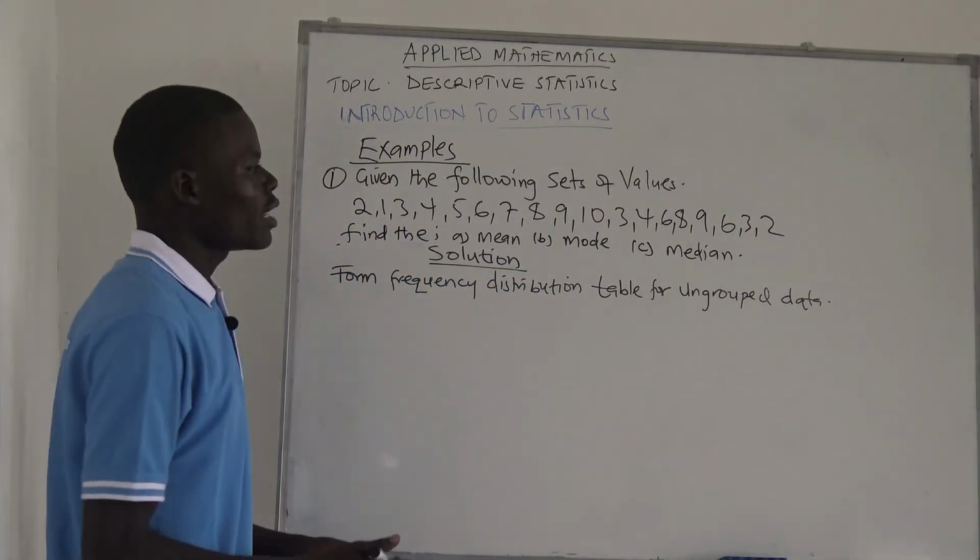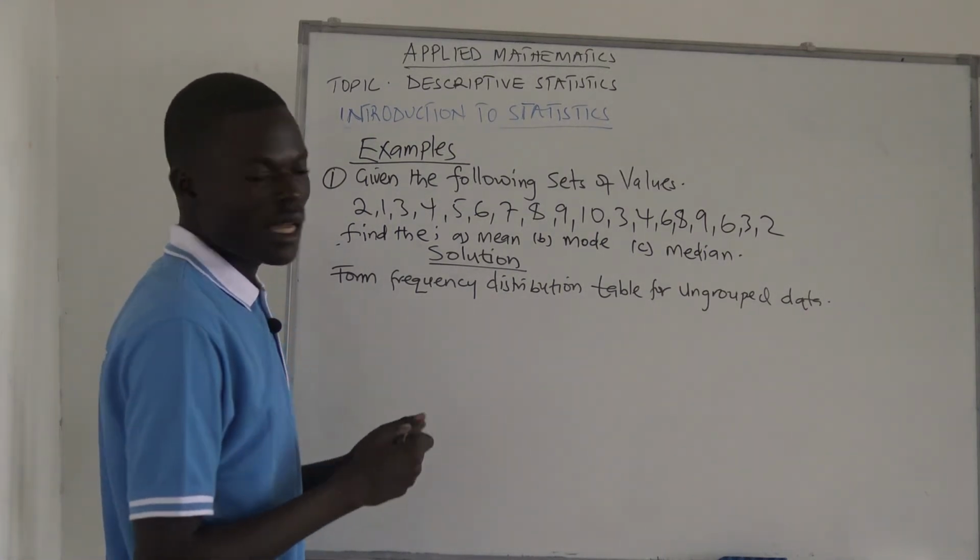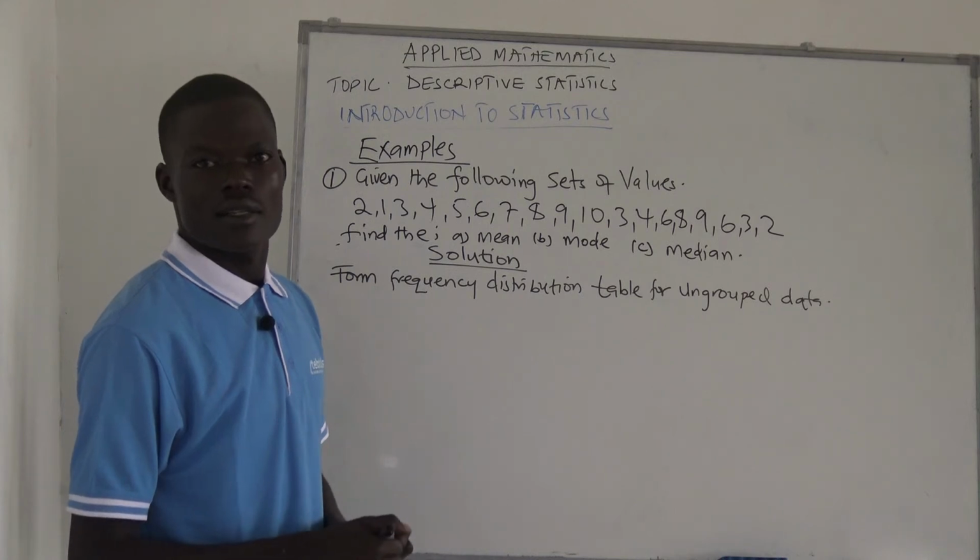So, what we need to do to form the frequency distribution table for ungrouped data.